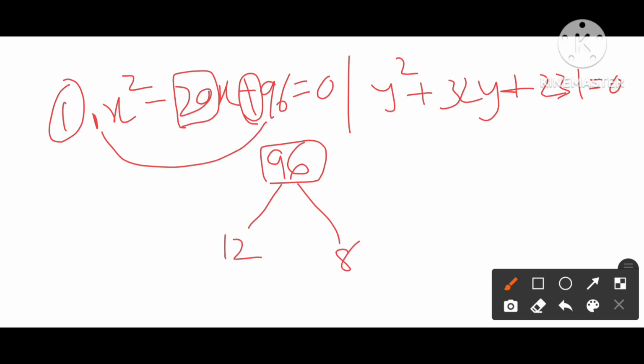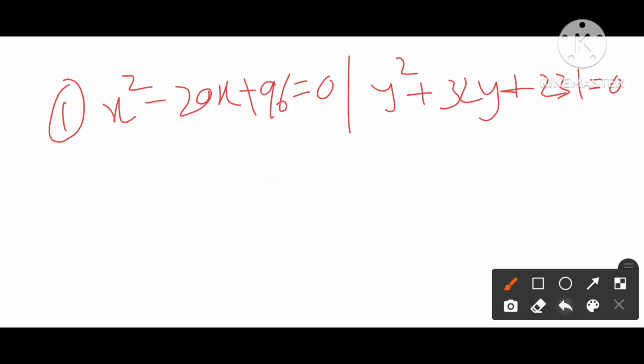By multiplying these two we get 96, and by adding these two we need to get the value of 20. So we are getting 20 by adding these two. So the roots for the equation x² - 20x + 96 are 12 and 8, and we already learned that minus and plus means both the roots are positive.